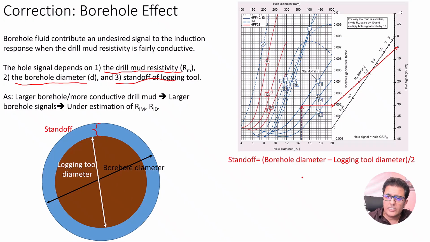And as you see here, a chart is available to estimate the borehole signal. And how we can do that, as you see on this chart, there are some solid blue curves that are used to calculate the hole signal for deep reading, and the dashed blue curves are used to calculate the hole signal for medium reading.